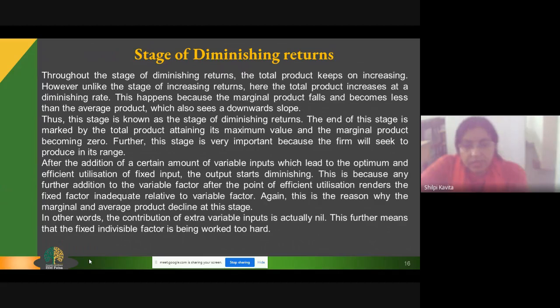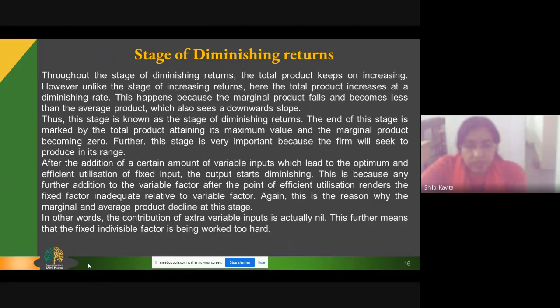As we start increasing the labor on that 100-acre land, after a certain point of time, after efficient utilization of the fixed factor, the output starts diminishing because any further addition to the variable factor after the point of efficient utilization renders the fixed factor inadequate relative to the variable factor.